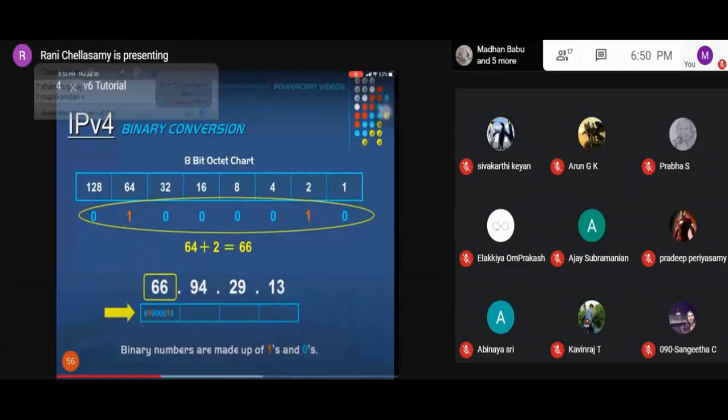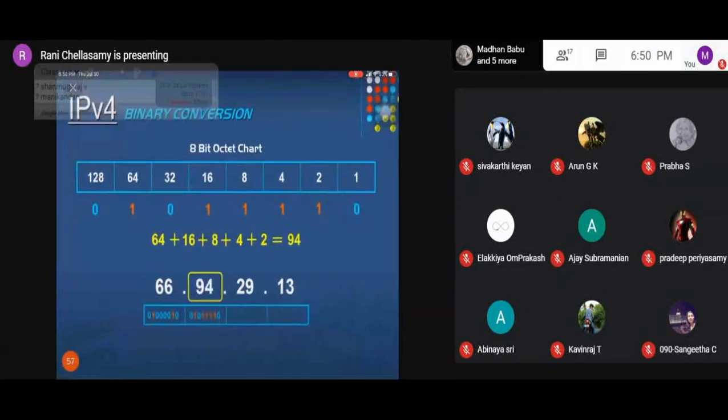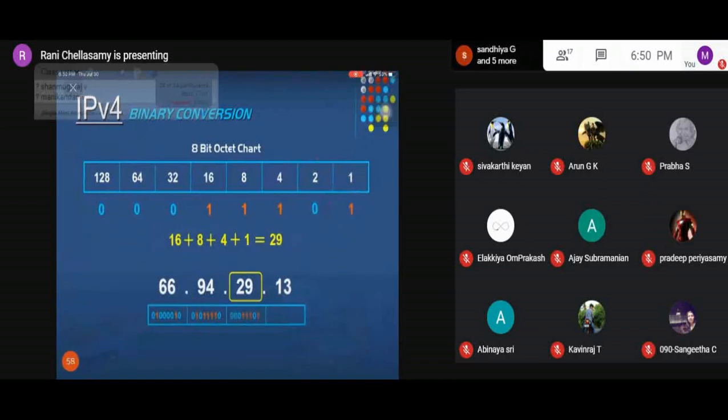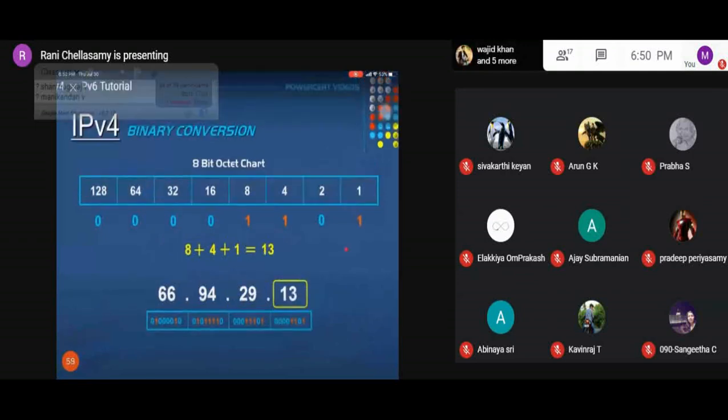Likewise for 94, you take 64 as 1, and 16, 8, 4 and 2, and you'll get 94. For each and every octet you can get the values in this manner. For 29 the value is calculated, and for 13 the value is calculated. Thus for 66.94.29.13 you can get these binary values with the help of this 8-bit octet chart.